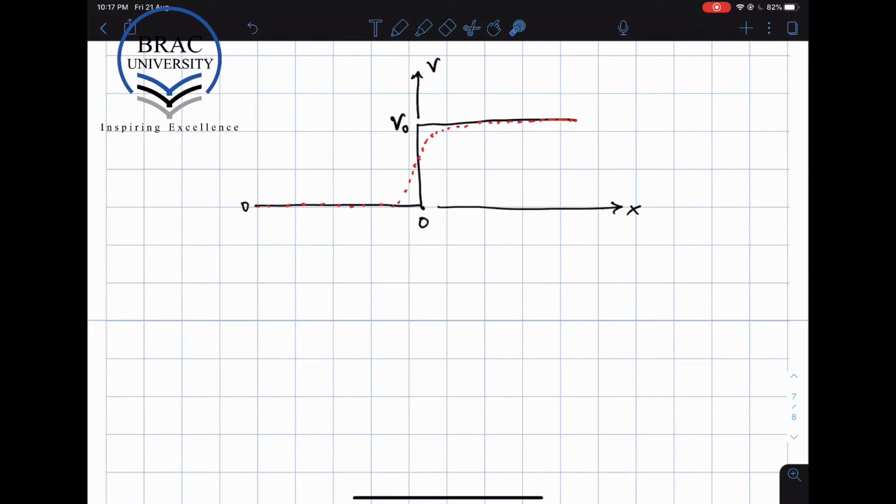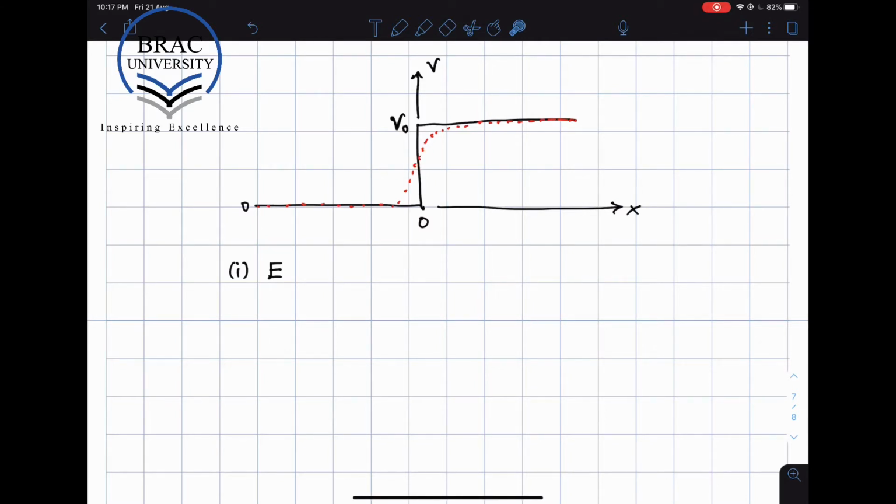So before we discuss the quantum mechanical scattering, let's remind ourselves what would happen if this was a classical scattering problem. In that case, there are two scenarios. We are assuming that there's a particle coming in from the left, and then it's scattering off this potential.